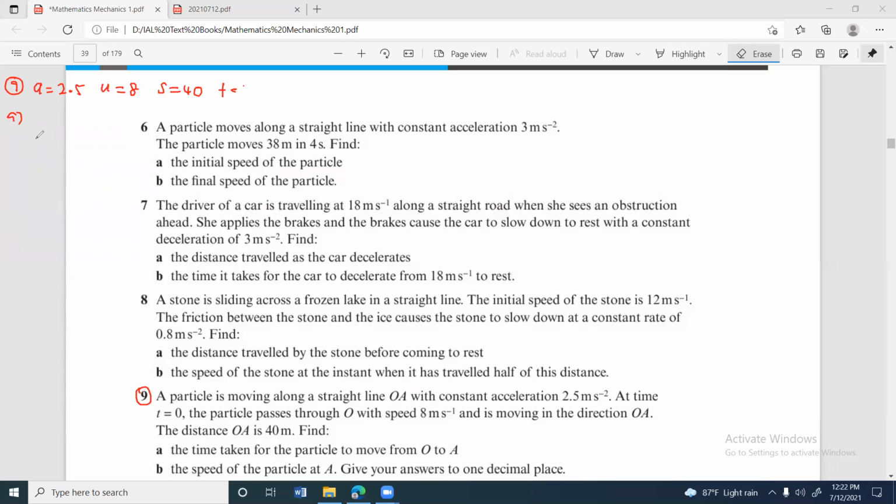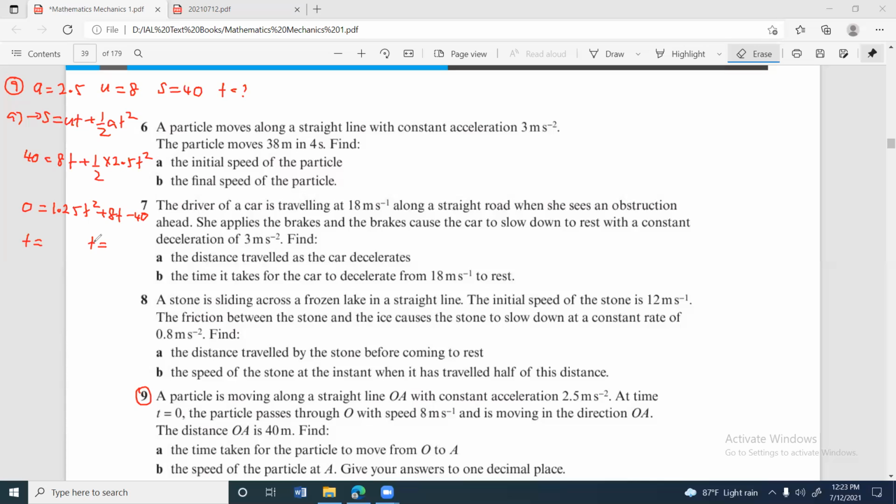This is also pretty simple. You can apply s equals ut plus half at squared. S is 40 equals U, which is 8, times t, plus half into 2.5 times t squared. So 1.25 t squared plus 8t minus 40 equals 0. With this, you get the answers for t using the quadratic equation.